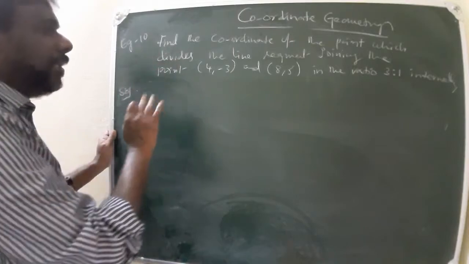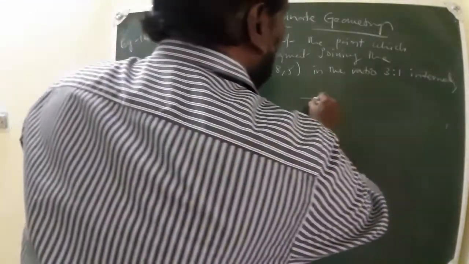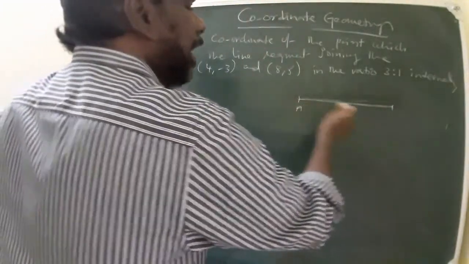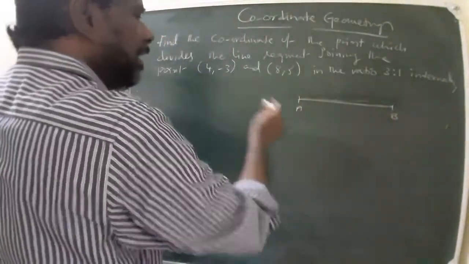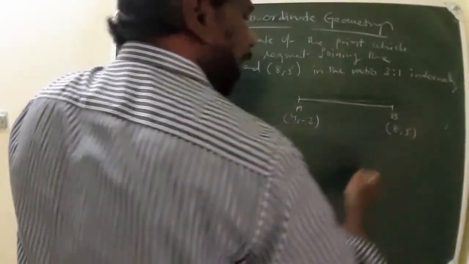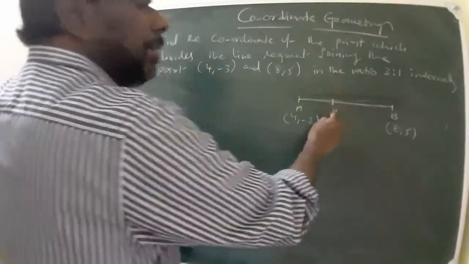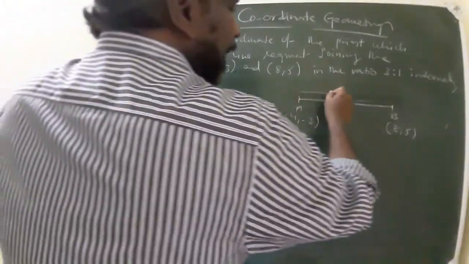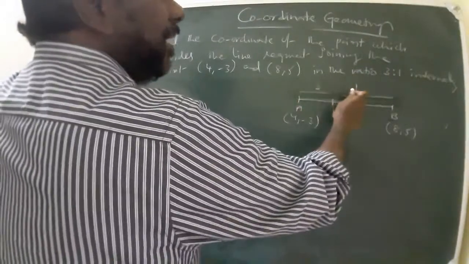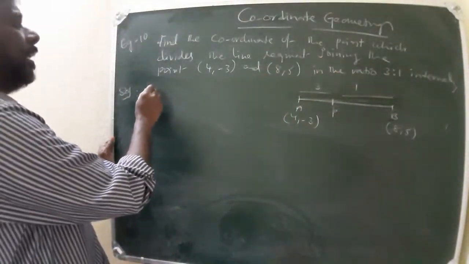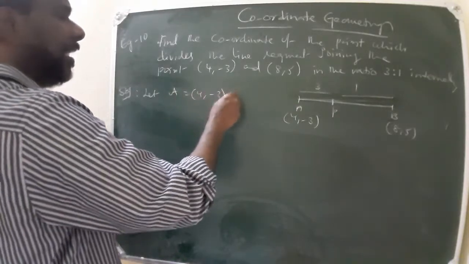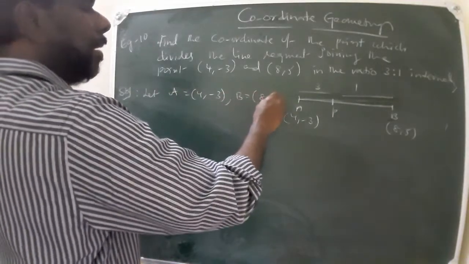Before that, if you want to draw a diagram, first draw a line segment. Let it be AB. The first point is (4, -3) and the second point is (8, 5). P is the internally dividing point. It divides AB in the ratio 3:1, so this is m1 and m2. First write: let A equal (4, -3) and B equal (8, 5).